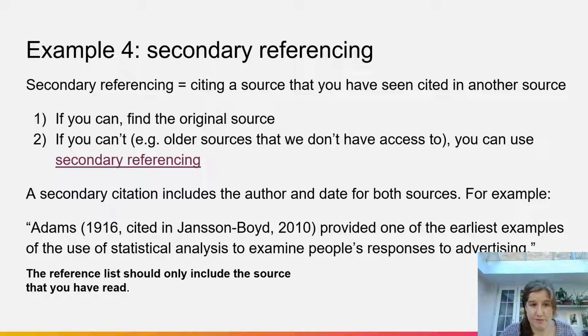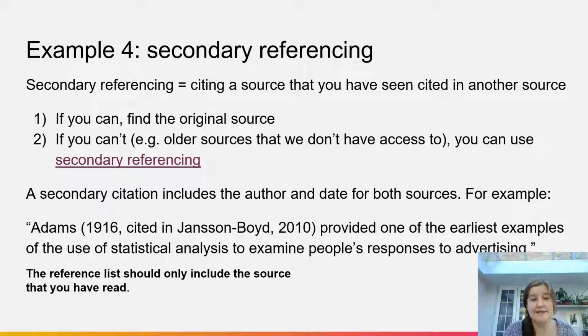The first author has been mentioned in the sentence, so their name goes outside of the brackets, but then the date of the original source goes straight afterwards inside the brackets. But then you have cited in, and you have the secondary author and the date of that book. So in this case, you've read Jansen Boyd, but you haven't read Adams. But you know that Jansen Boyd has reported this finding from Adams.